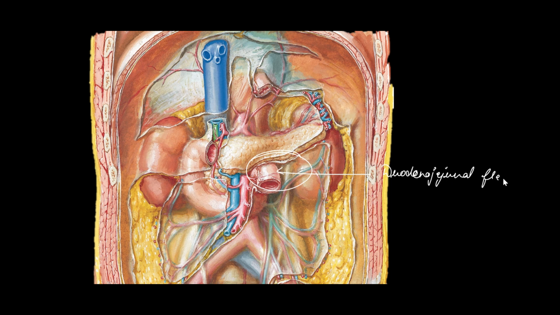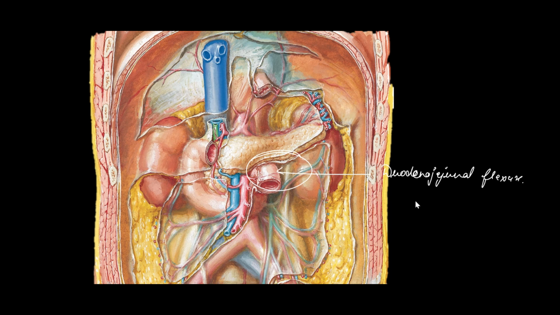And also the sympathetic trunk, which will be descending down. The sympathetic trunk is not shown here because it will be just behind all these organs. So somewhere here will be present the sympathetic trunk also.